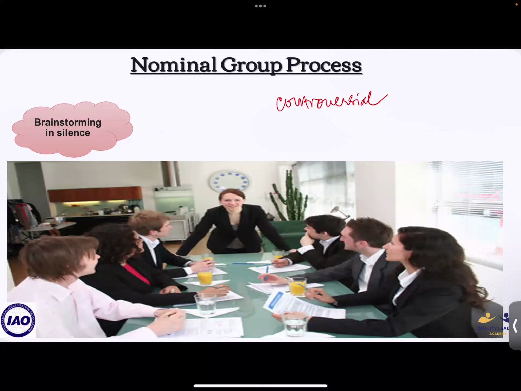Now, if the idea or problem we are discussing is controversial, it means it is a subject of debate, a subject of discussion. If we sit and talk about it, one person says their opinion and there are differences, we will never finish. In this case, I will do individual brainstorming, meaning each team member will get a piece of paper and be told to write down your ideas and suggestions on this paper.